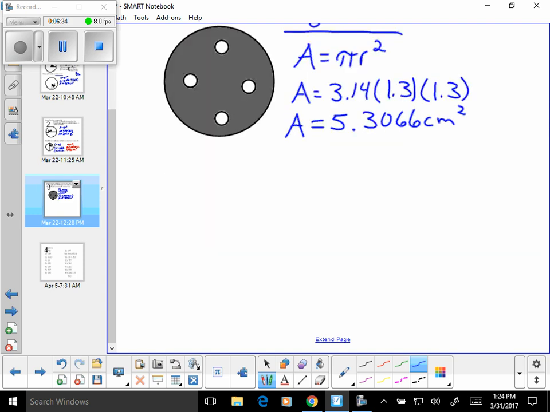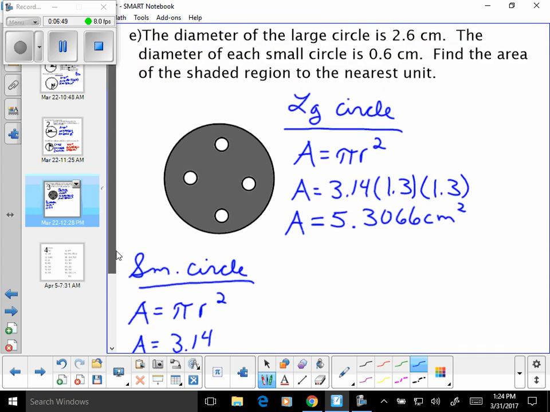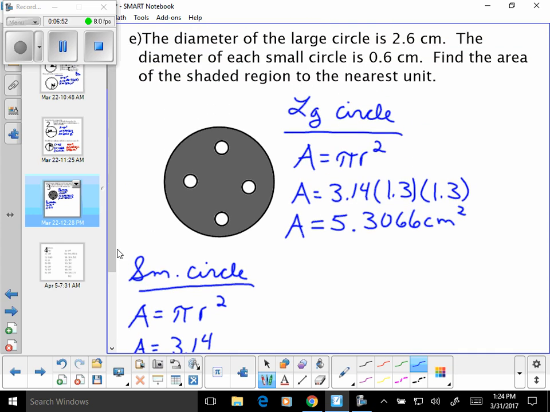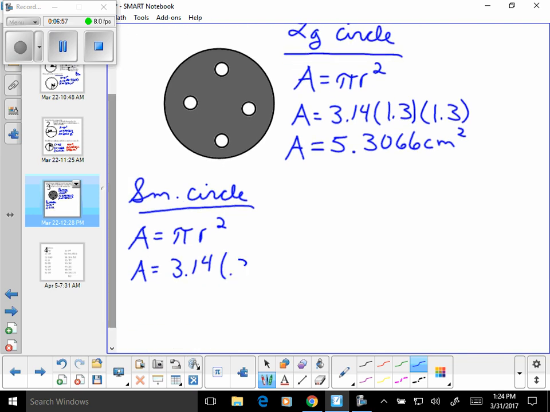Sometimes your answers are a little bit more precise if you don't round off until your final step. Now I need to find the area of one small circle. Area equals pi r squared, 3.14. Now, if you remember back up here, they tell you that the diameter of the small circle is 0.6. I need the radius, so I'm going to be putting in 0.3. And my area is going to come out to be 0.2826 centimeters squared.